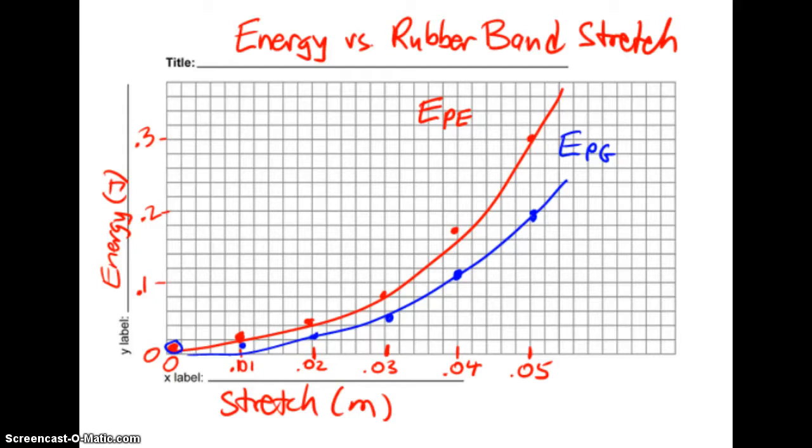The last item here is to plot the energies against the amount of rubber band stretch. I've already plotted a couple of these. Our elastic potential energy, from table 2, the amount of stretch and the amount of energy. Then I've also plotted the gravitational potential energy and put that on here. And then I would go back to table 4 to look for our kinetic energies.